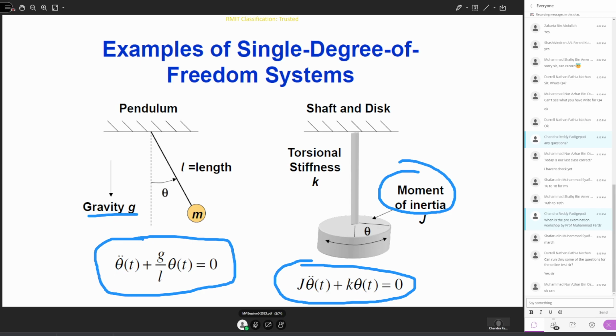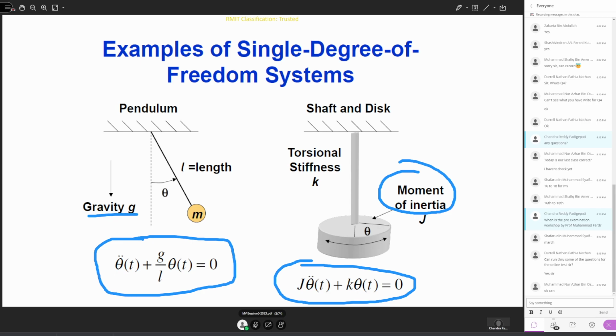Normally in a mechanical vibration course, the J value, that is the moment of inertia value, will be given along with the question. Okay, so this slide basically tells you how to write the equation of motion for different types of single degree of freedom systems.